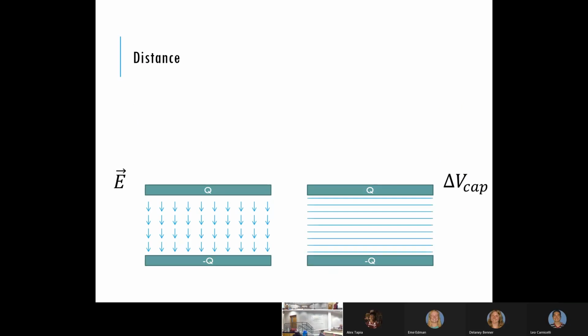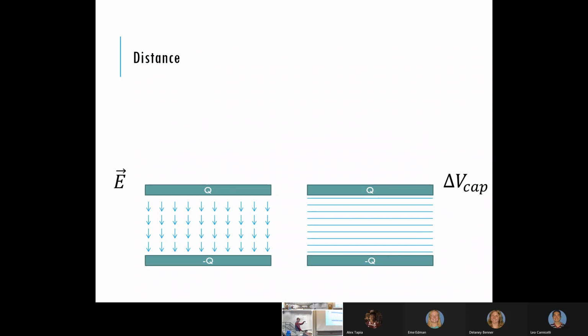So the next thing I want to consider. Now let's say we've set up our electric field, we've deposited charge, and we have a constant surface charge density. Now, rather than disconnecting the supply and stretching the plates, I'm going to disconnect the supply and just separate the plates, increase the separation.